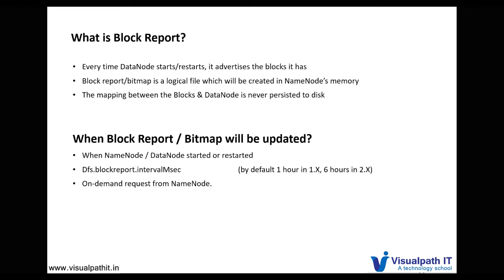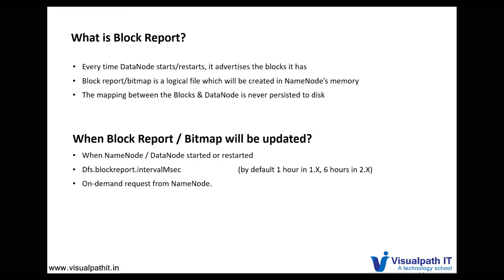When will the block report and bitmap be updated? The scenarios are, first, whenever the name node or data node is restarted in the cluster, the block report will be updated. And there is a default interval, dfs.blockreport.intervalMsec.